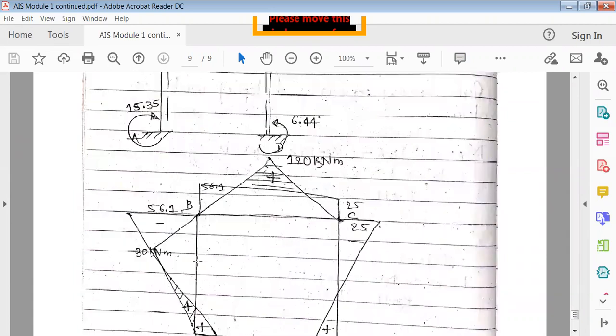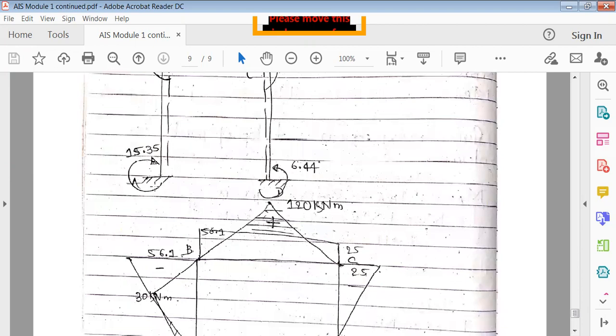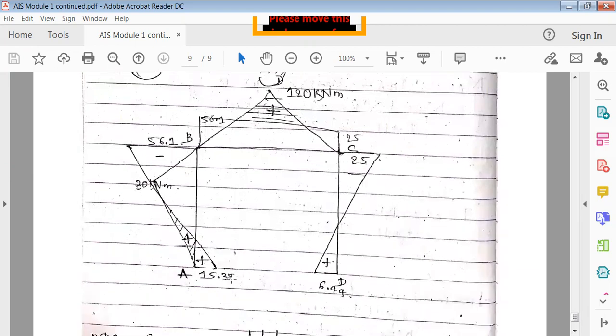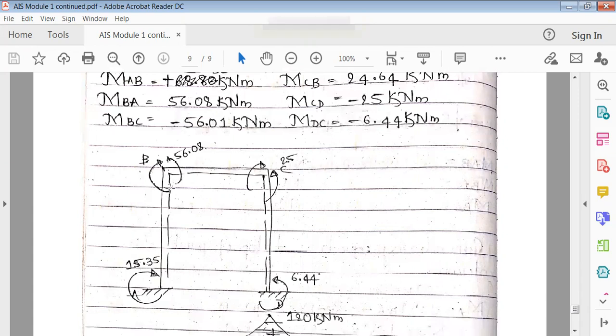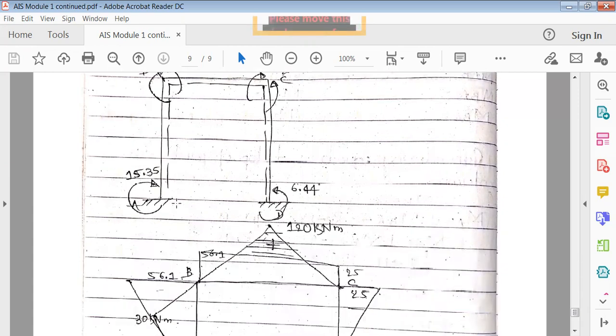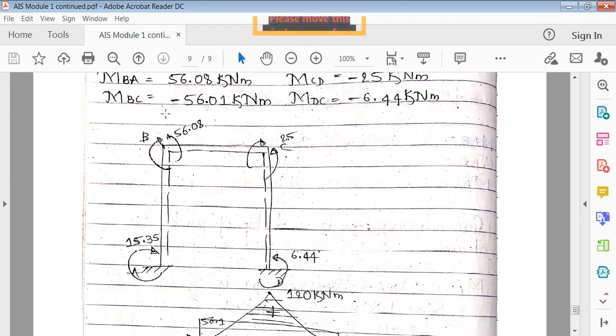Once you mark this, here there is no external loading. Then mark these final moments. You can see here the final moment is trying to push the beam inward, so positive side. It is 15.35. Next, this side it is acting outward, it is 56.1, negative side. Next, here also it is 56.1, which is acting upward.